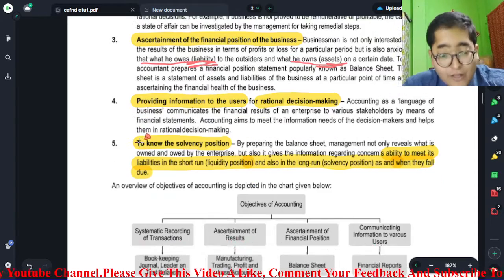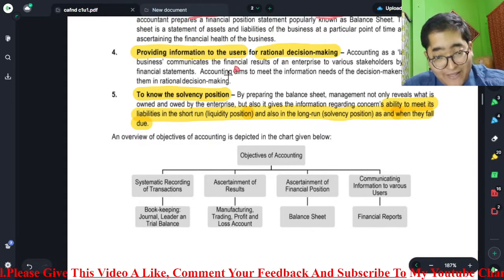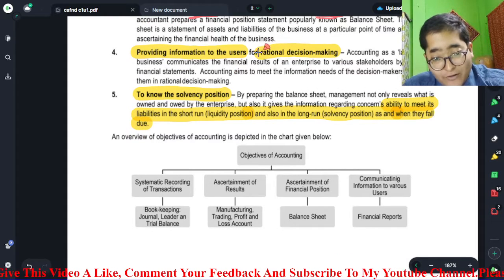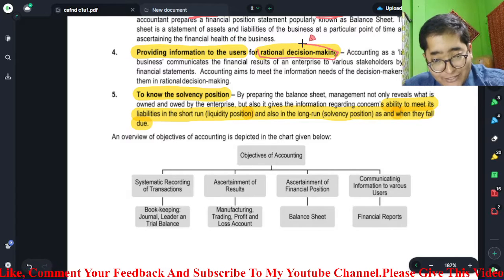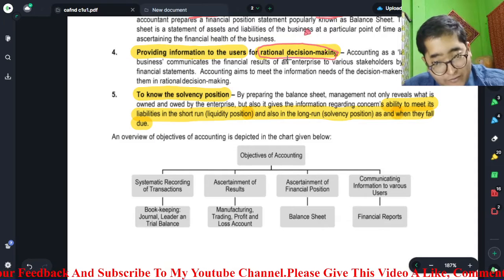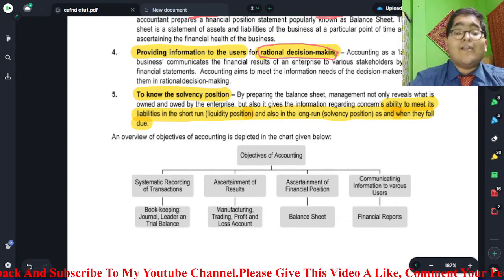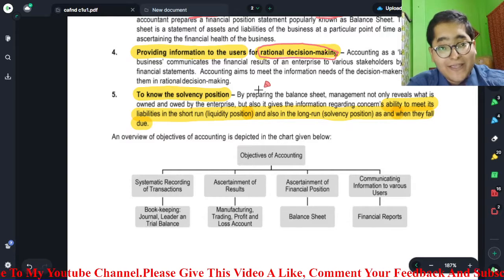Number 4, providing information to the users for rational decision making. An important topic which was already discussed previously, rational decision making, is very important. Yes, the businessman needs to have rational decision making.